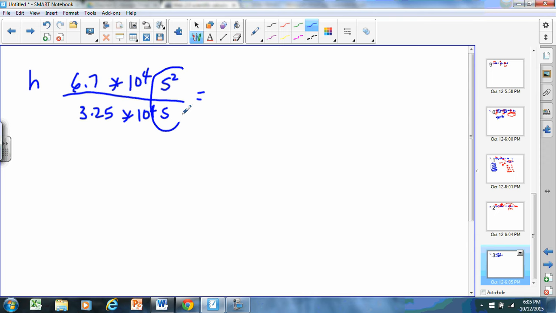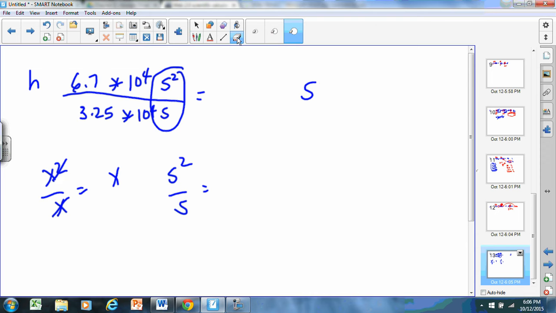I want to talk about this first. If x squared over x, this cancels with one of these, is x, does that make sense that seconds squared over seconds would simplify to seconds? And so let me grab an eraser just because I'm not sure that I have that in the right place.